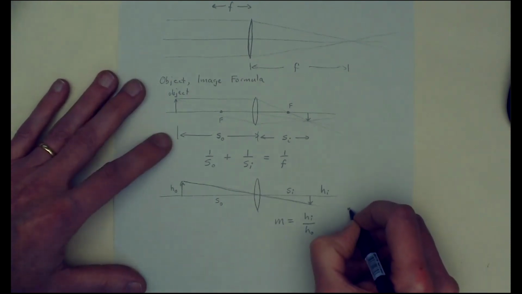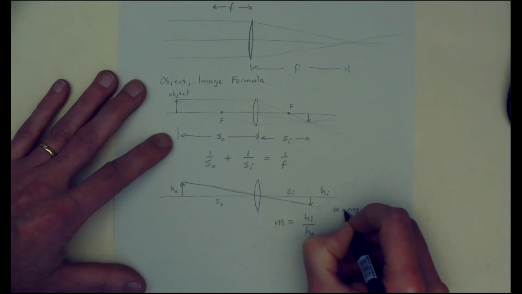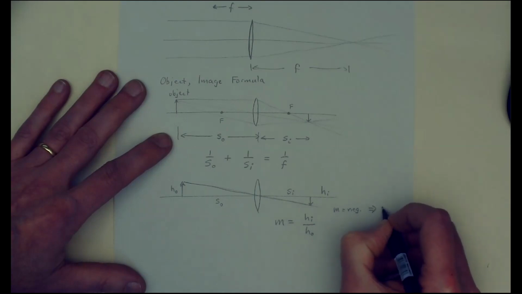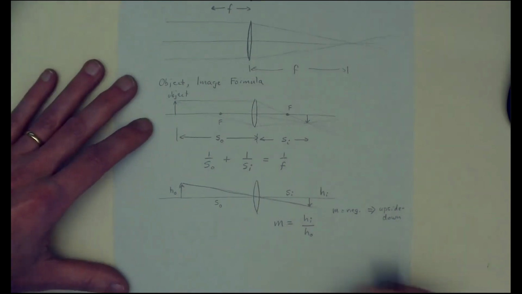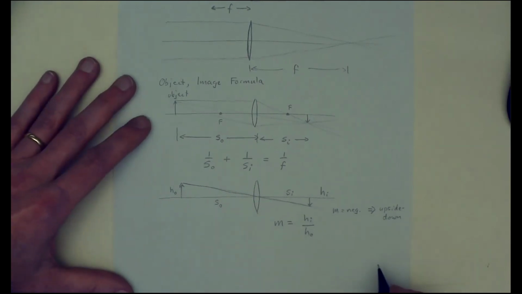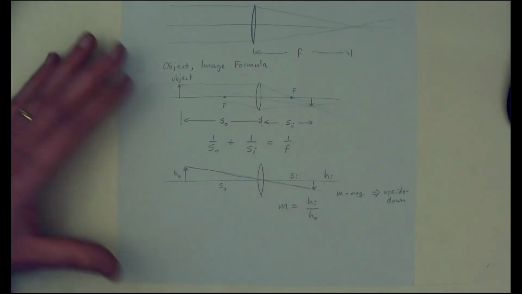So a negative magnification. So if m is negative, that means it's upside down. Now, how do we calculate that, though? That's a nice definition for what we mean by magnification. How big is the image compared to the object? But how do we calculate it?